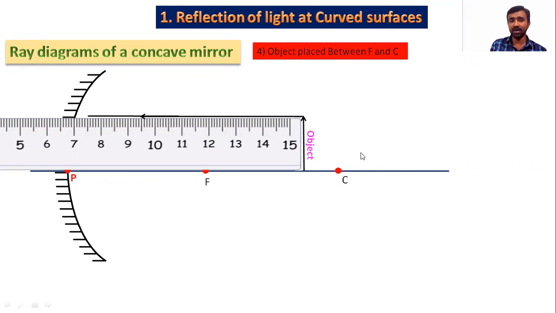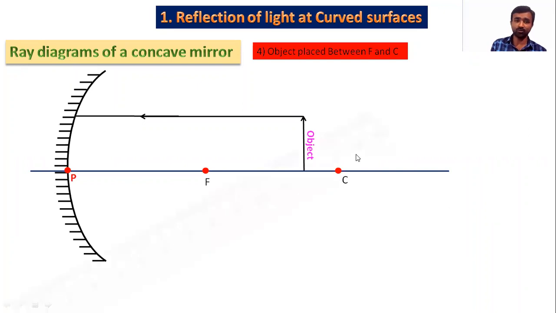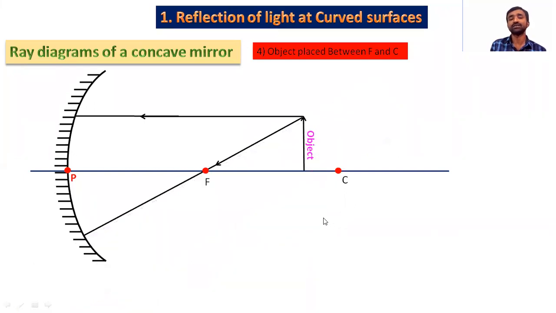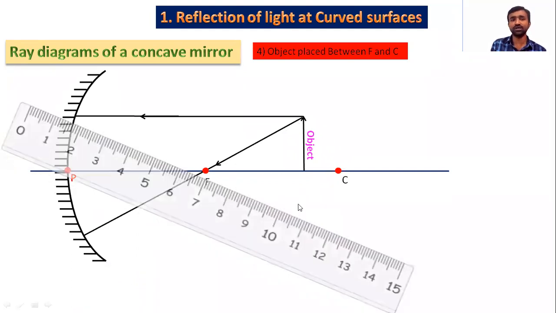This is R1. After reflection, it goes through the focus. Then the second ray is also possible, which is passing through the focus.